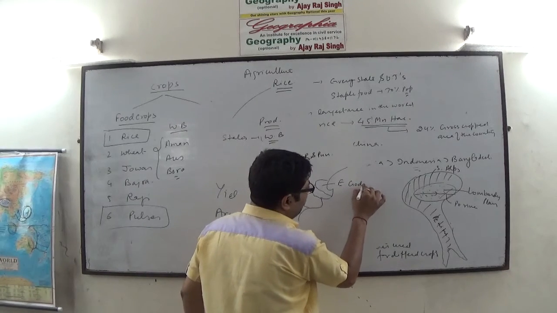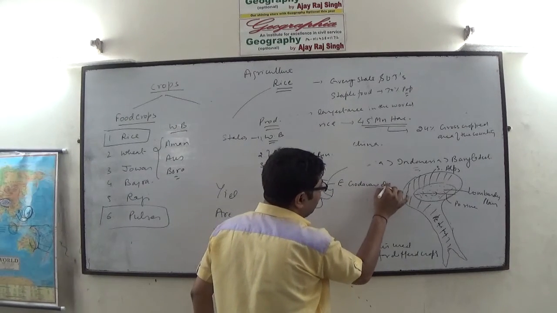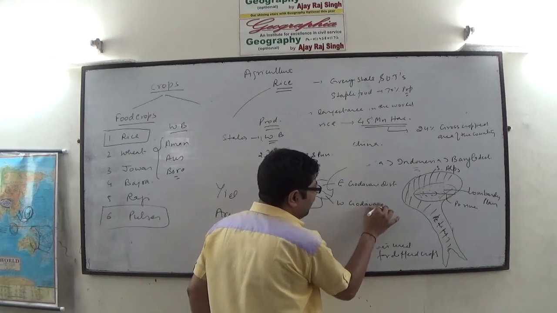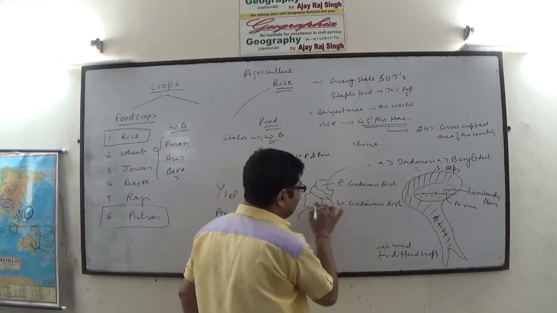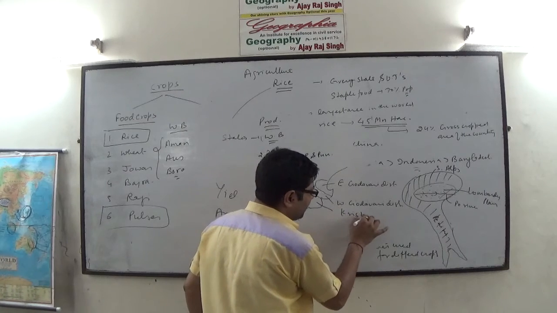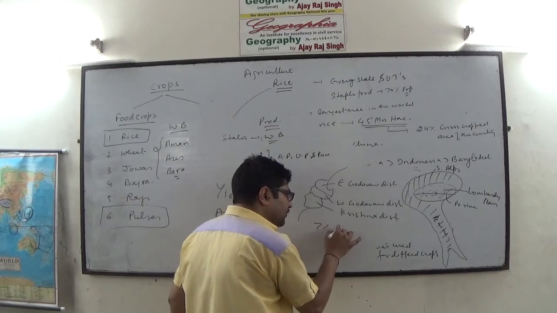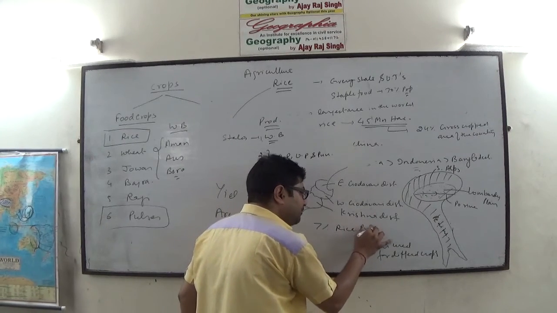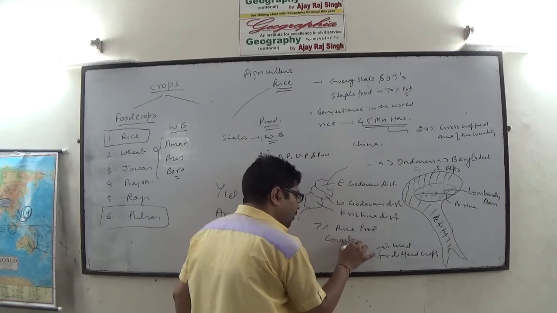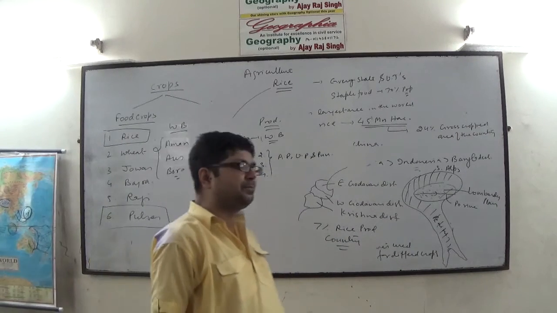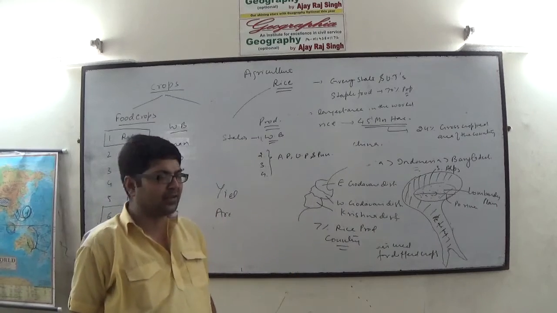East Godavari district, this is West Godavari district, and this is Krishna district. These three districts account for 7% of the rice production of the country. Most important districts for rice production.